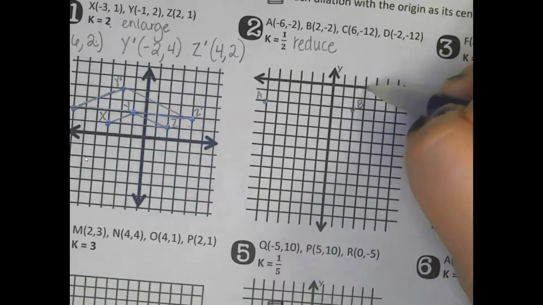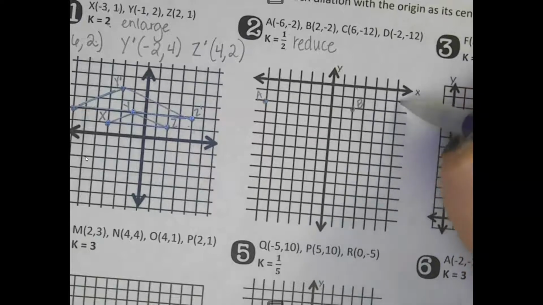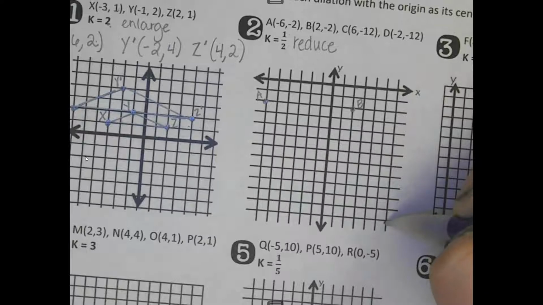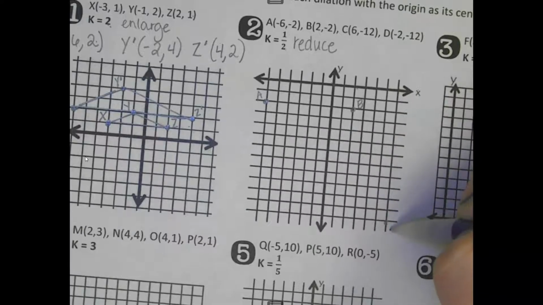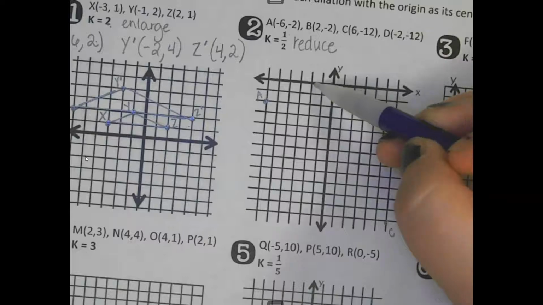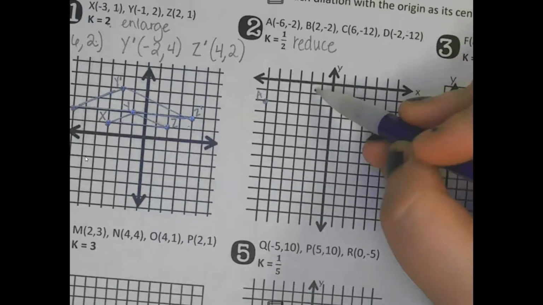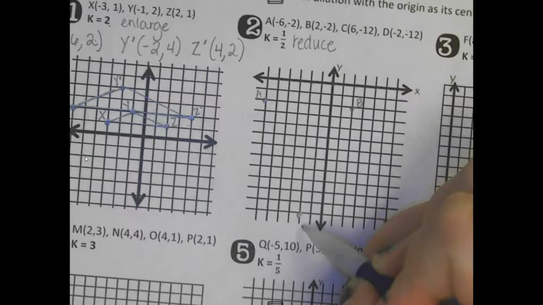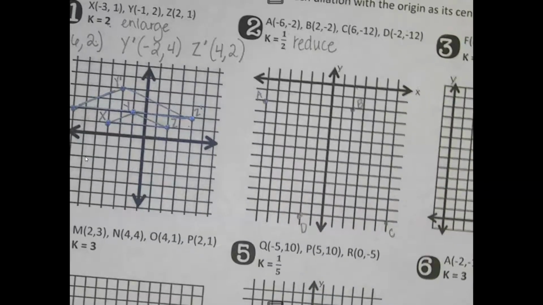So 1, 2, 3, 4, 5, 6. 1, 2, 3, 4, 5, 6, 7, 8, 9, 10, 11, 12. And D is -2, -12. And I'm going to connect the points. So go ahead, when you get those drawn, connect your points.